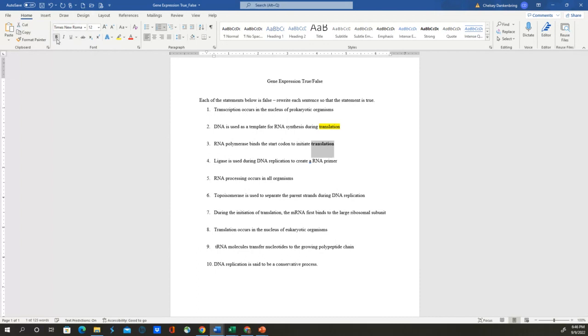So let me bold this so I can show you the changes. So yes, RNA polymerase is the key player for transcription. So that's one change. But we would also need to change the start site, right? Because where does transcription start? As Taylor says in the chat, the promoter, okay? So RNA polymerase binds the promoter to initiate transcription. Good. Yeah, that one's a little more tricky, not just one word.